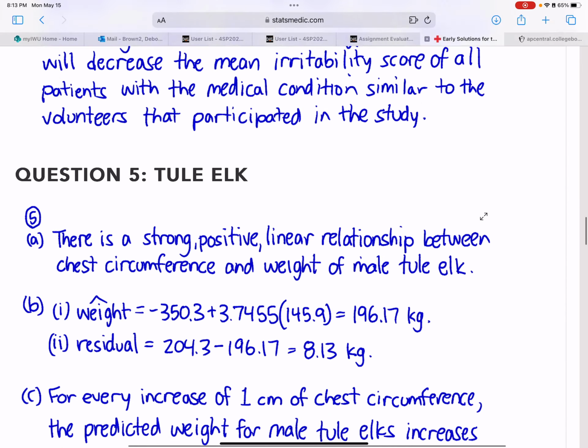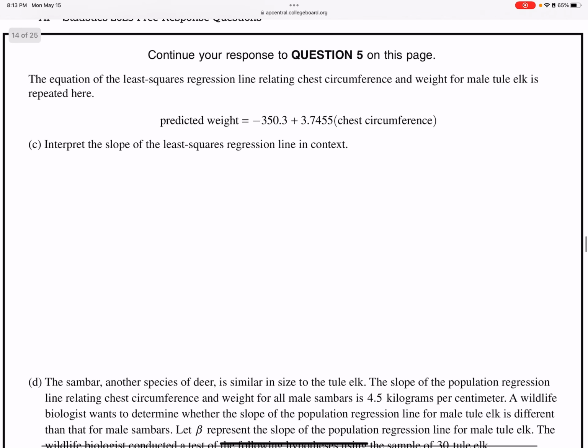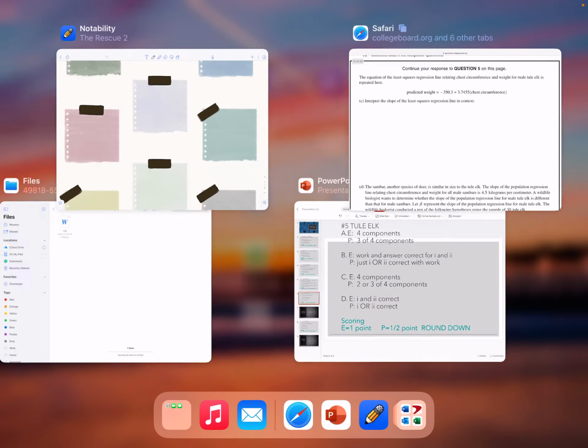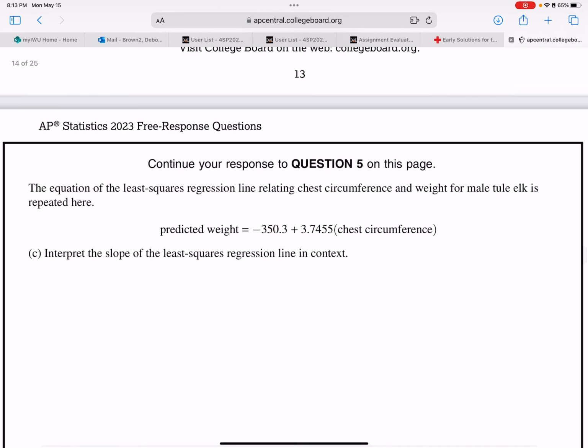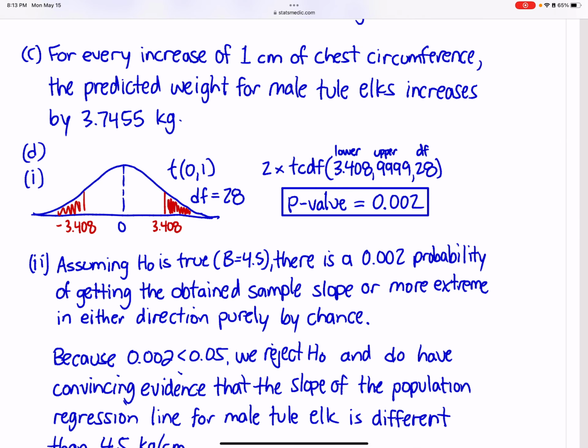All right, so part C, your predicted weight is here, and you interpret the slope of the least squares regression line in context. For every increase of 1 centimeter chest circumference, that's a component, the predicted weight, that's another component, for male tool elk increases, that's another component, and then male, which is the context, and increases by 3.7455 is the fourth component.